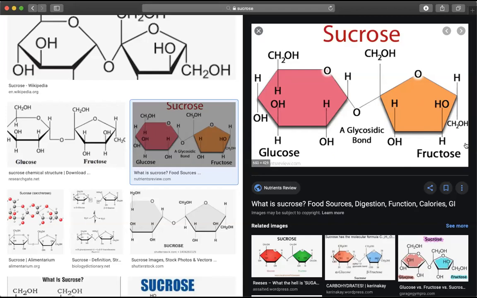So when it comes to nomenclature, we are going to name these glucose molecules in regard to the linkages they form.